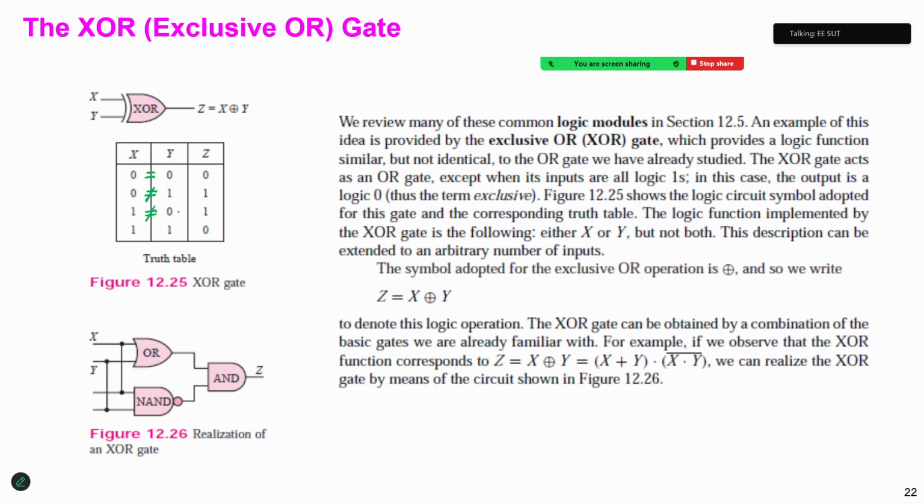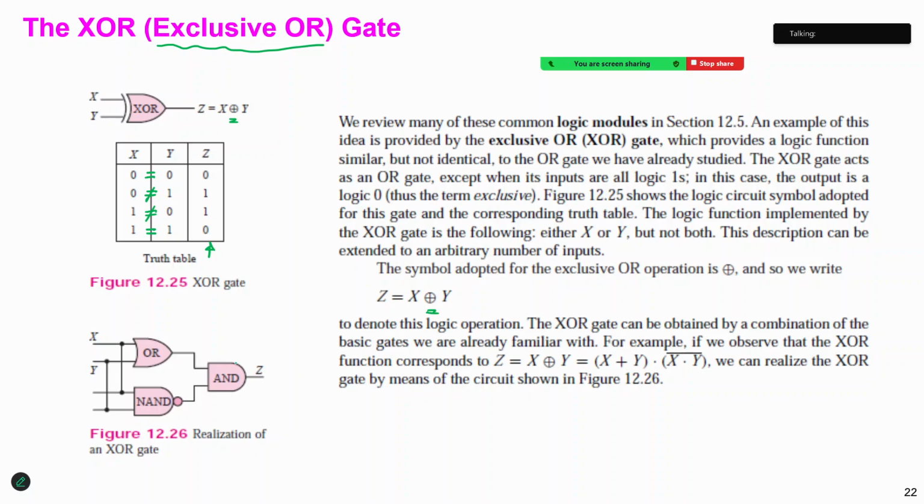Okay, 1 with 0, we get 1. And if it's equal, 1 and 1, we get 0. So this is a special gate, right? We call it the exclusive OR gate. For the exclusive OR gate, we use this symbol, the OR symbol with the circle, right? Here. Exclusive OR, okay. And this is the output.